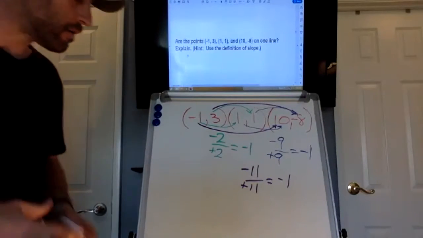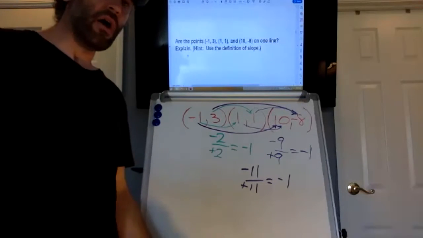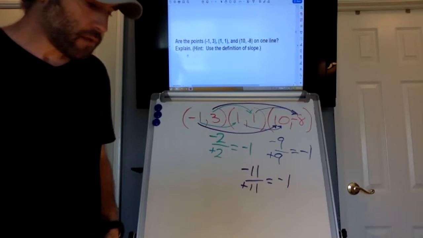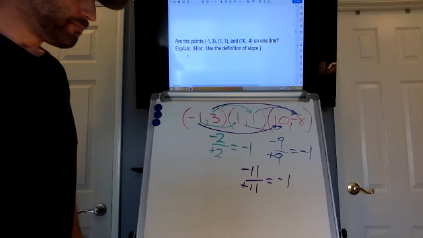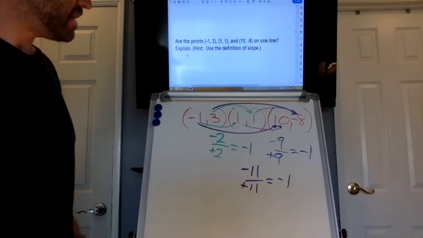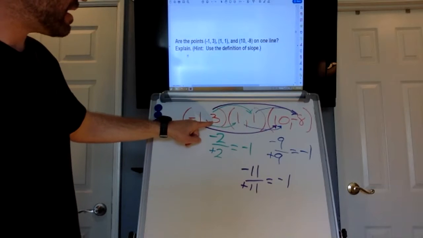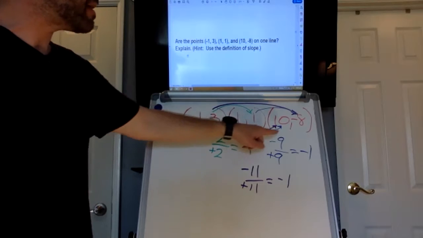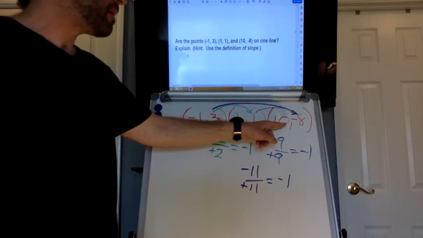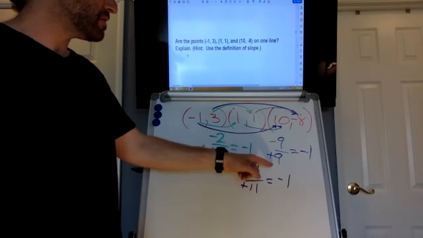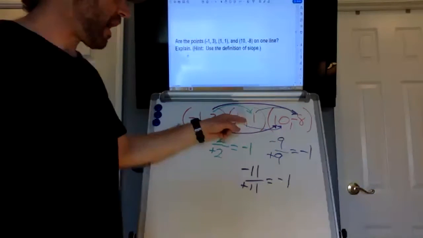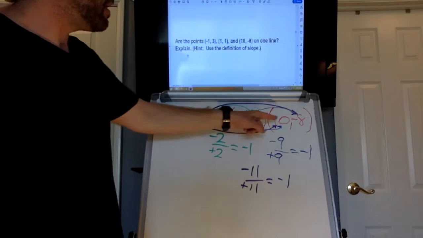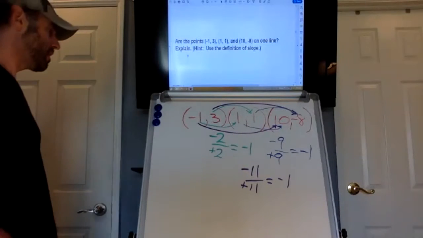So it's not a coincidence. Along a line, the rate of change must stay constant. If I go from this point to that point and I still drop down the same amount, then I've stayed on the same line I started on.